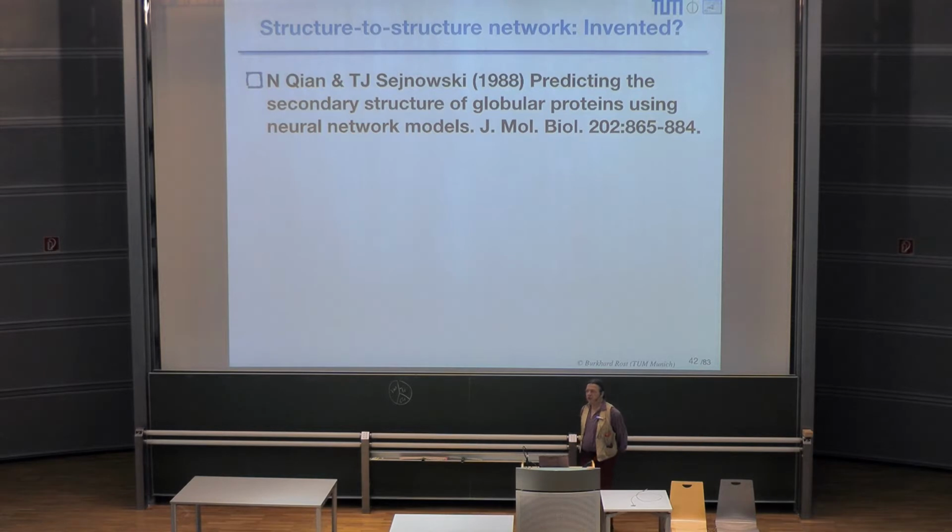What I showed you here was in fact not the first time this idea was invented. The first time this idea was invented was by two machine learning experts, Qian and Sejnowski. Terry Sejnowski, in fact, had applied neural networks to the problem of secondary structure prediction first, and they had used the second level, but they had applied it to improve the overall performance.